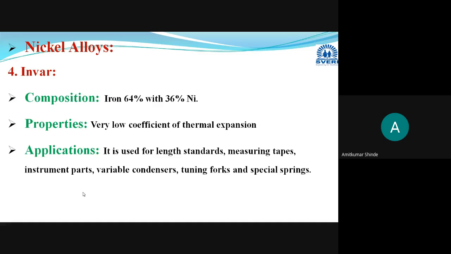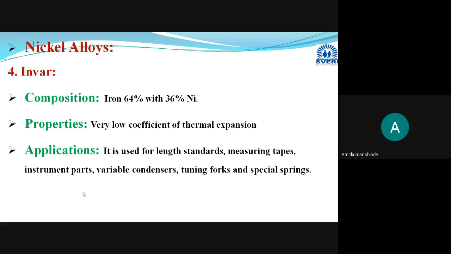Because its parent element will be iron, that is 64% iron, and 36% nickel will be there. Already we have discussed this in brief in the types of alloy steels. In short I will explain it again. It will have 64% iron and 36% nickel.